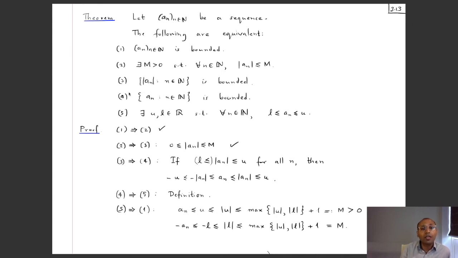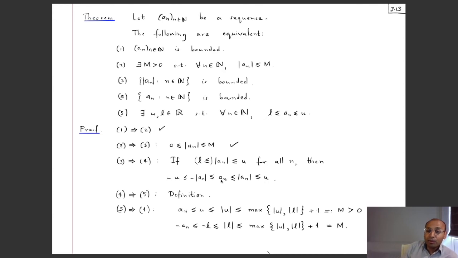How about 3 implies 4? So we want to show that whenever this set is bounded, also this set is bounded. Now, what does it mean to say that this set is bounded? That means that it has an upper bound and a lower bound. Actually, we'll just use the upper bound. a_n, we know, is surely less than or equal to mod a_n, and that's less than or equal to u. So u is already an upper bound for this set, because all the a_n are less than or equal to u.